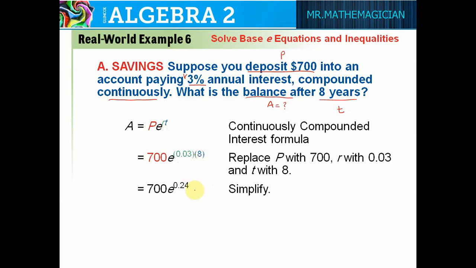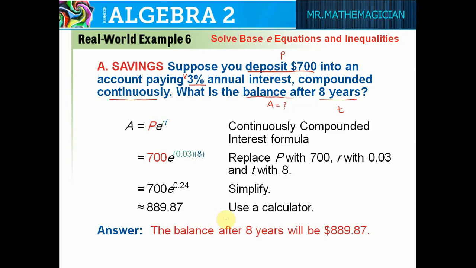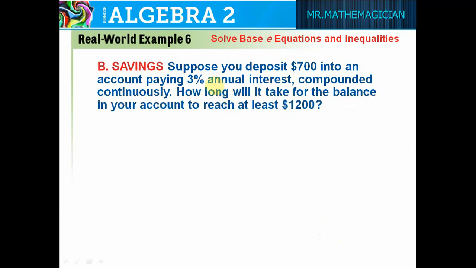Now we can use calculator for this one and you can find it as 889.87. So after 8 years it will be $889.87.